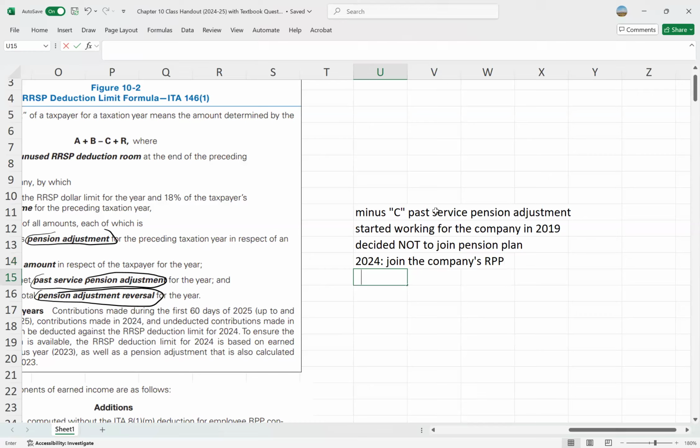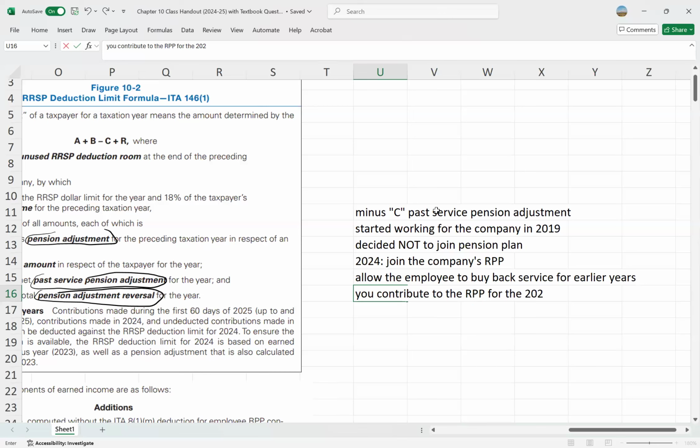Now, some companies will allow the employee to buy back service. And so let's say that you then will contribute to the RPP for the 2019 to 2023 years.